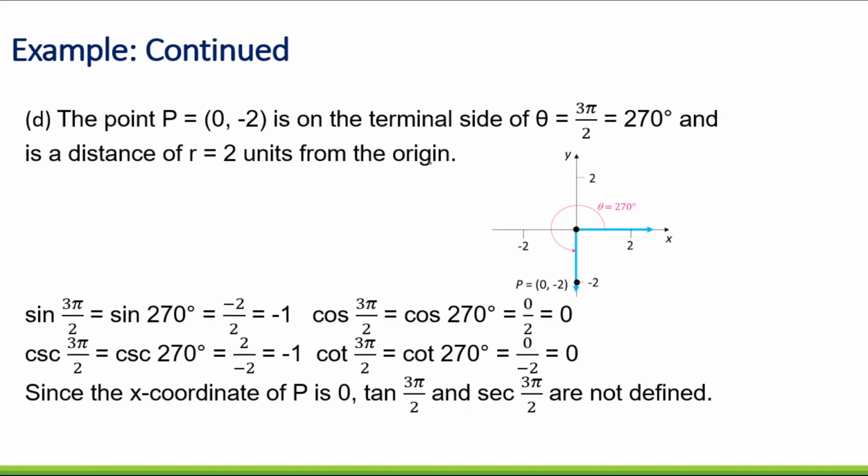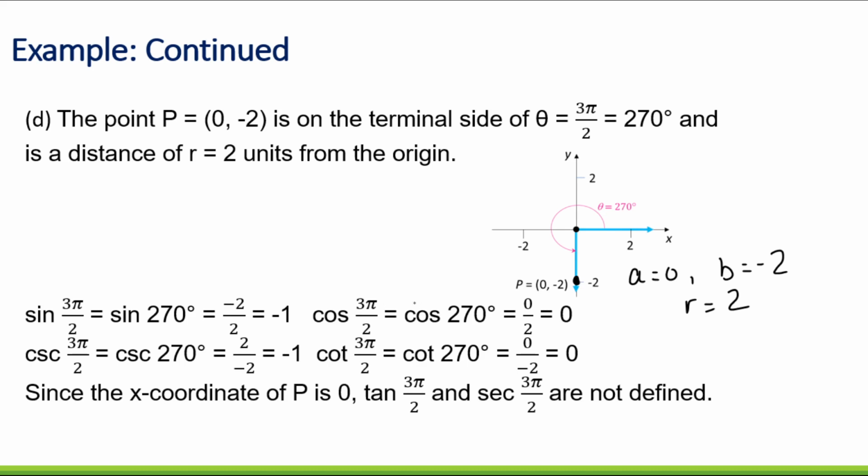And then likewise, finally, let's look at 270 degrees. That's 3 pi over 2 in radians. And so at this point, a is 0, and b is -2, and then r is 2. Using these values, you can find the sine of 3 pi over 2, or 270 degrees. b over r would be -2 over 2, which is -1.